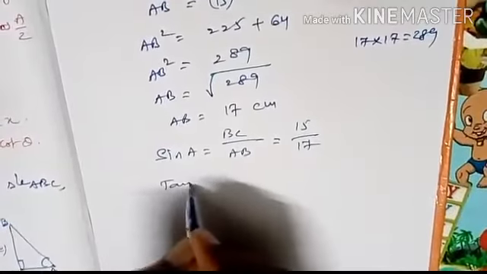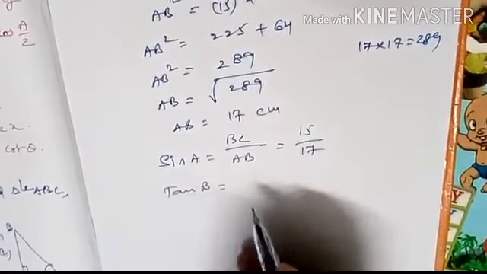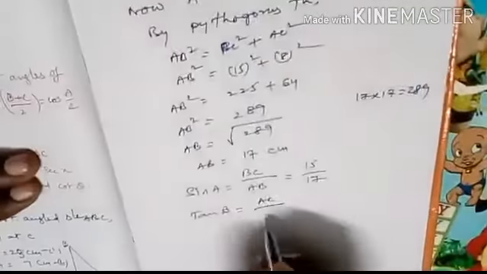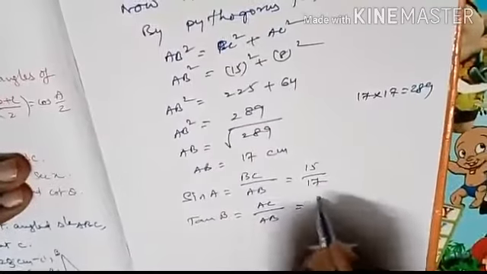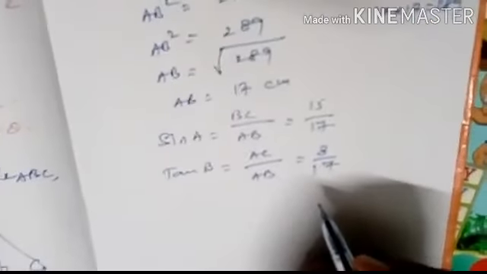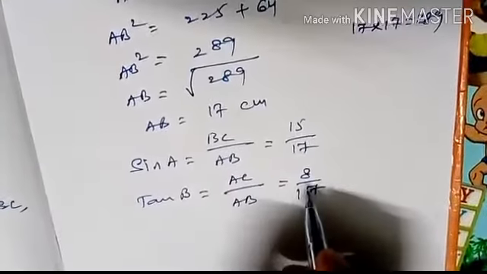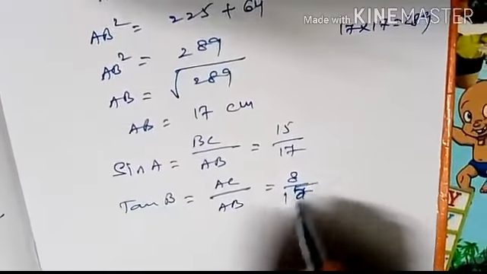Now tan B means opposite by adjacent, opposite is AC and adjacent is BC, so tan B is 8 by 15.